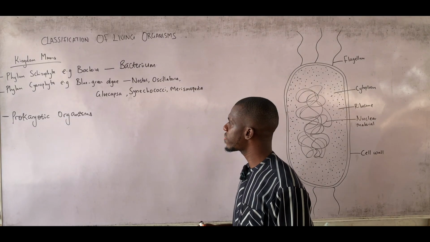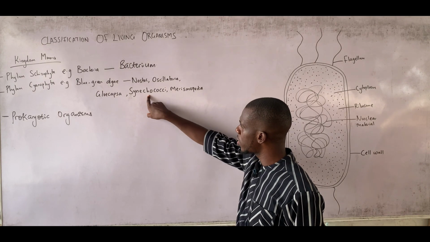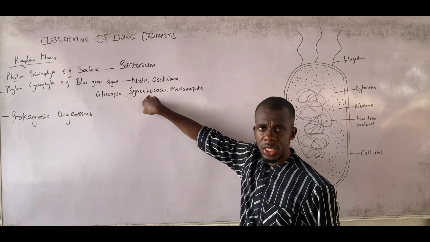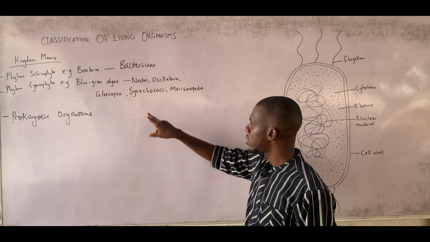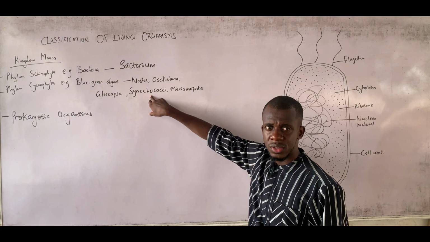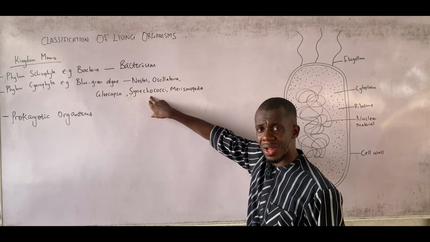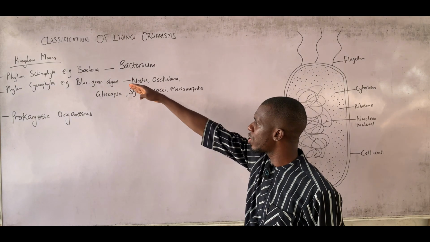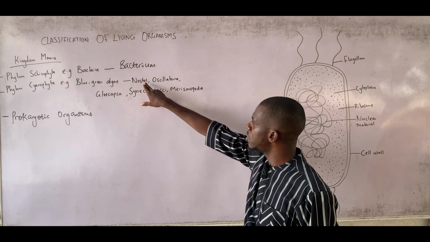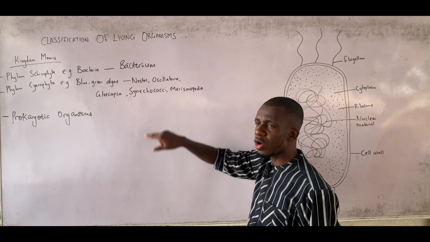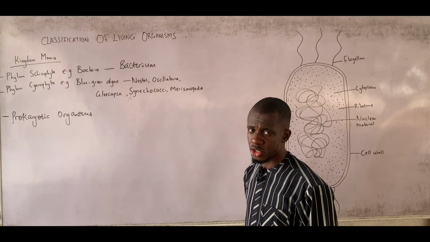Some of them exist as unicellular organisms. An example is Synechococcus. You remember the forms in which cells exist? So this is unicellular. Some blue-green algae exist as filaments. Examples are Nostoc and Oscillatoria.